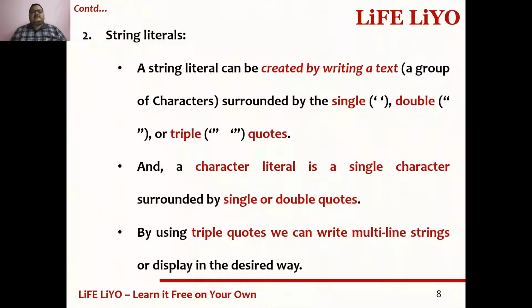String literals. The name itself tells that it is a string. A string is nothing but a combination or group of characters. A string literal is created by writing text surrounded by single quotes, double quotes or triple quotes.